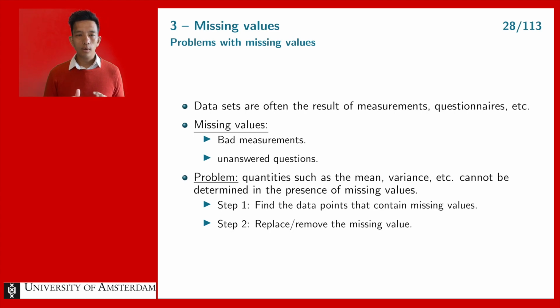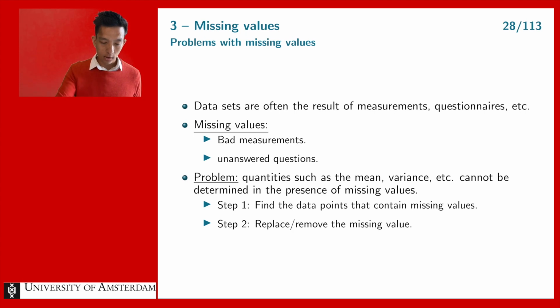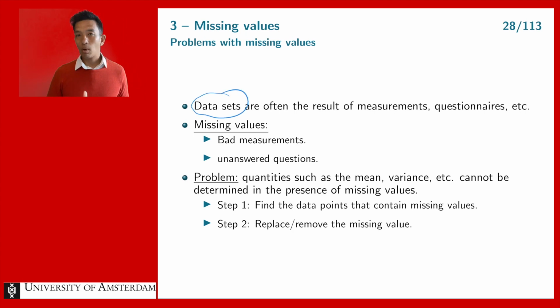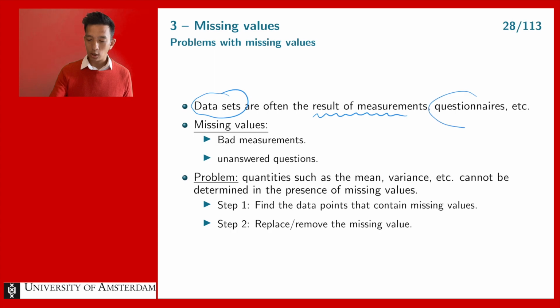One of the issues you always have with data are missing values. So what's the problem? Assume that you have a data set. It could be the result of measurements, or maybe a questionnaire that people filled in.